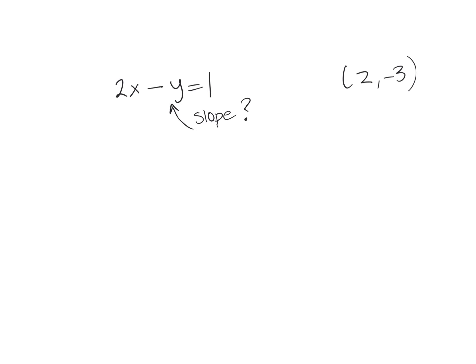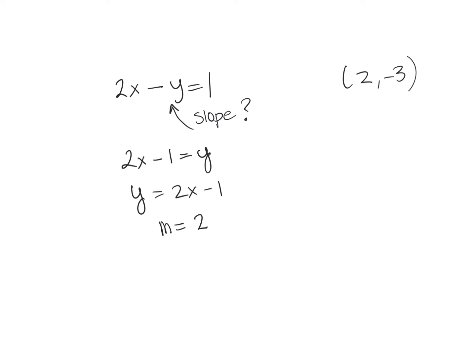So if I move y over here and 1 over here, take a minute and make sure that you buy that that's true. So then I can just read it off my form.